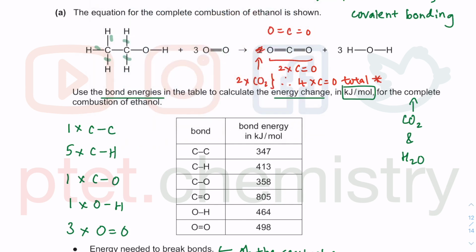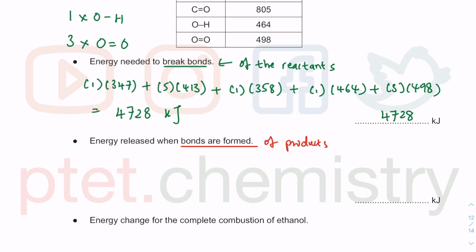So I'm just going to cancel that there because now you can see there are 2 of it. 3 water molecules. So I'm going to draw it out so that things are very, very clear to me. 3 H2O means 3 of these. So there are 6 times OH and 4 times C double bond O. So I'm forming 4 times C double bond O, and also 6 times the OH.